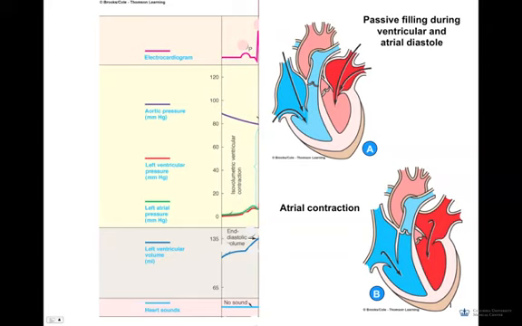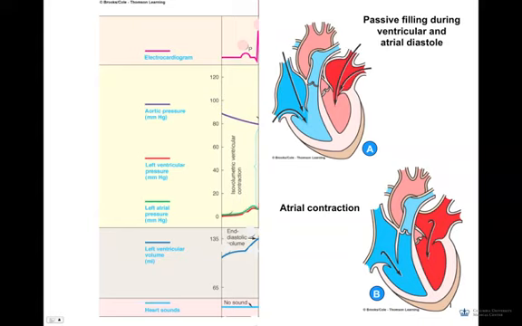If you look at the period of time before the SA node fires, we see that the green line is sitting above the red line. The left atrial pressure is higher than the left ventricular pressure. This is before any electrical activity is happening.